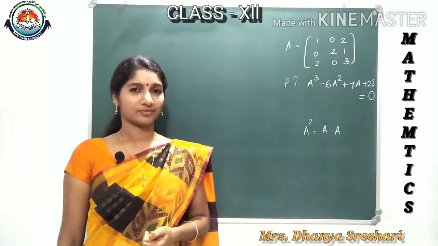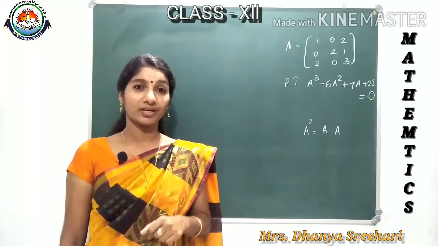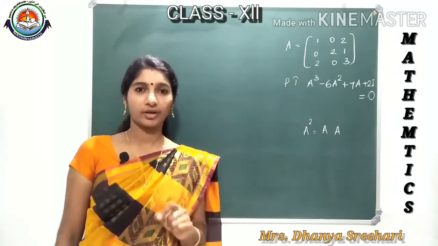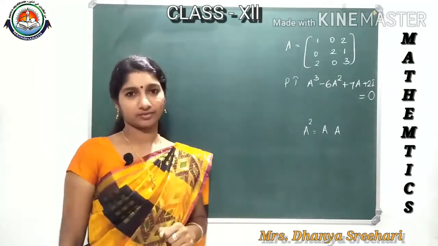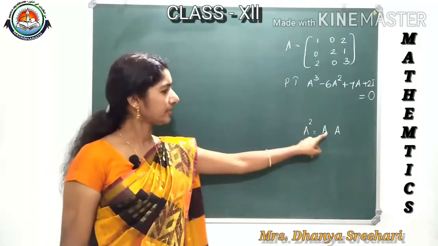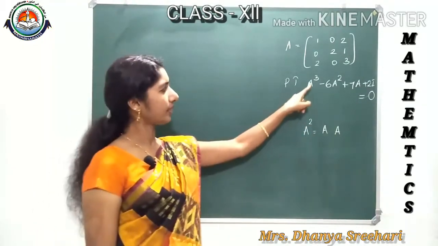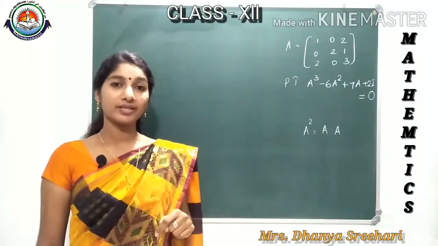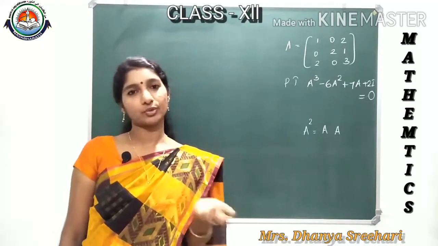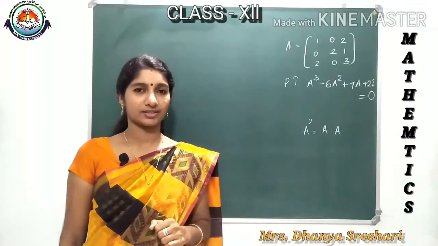Not possible. It is possible only when A is a square matrix. For a square matrix we can find A square. Then A cube means A into A square or A square into A. Both ways we can calculate.